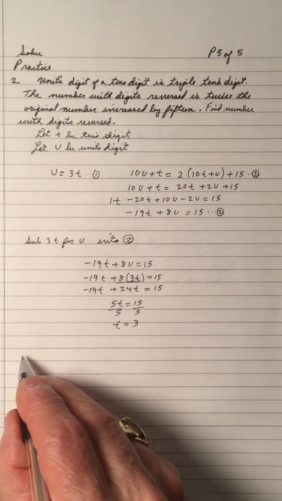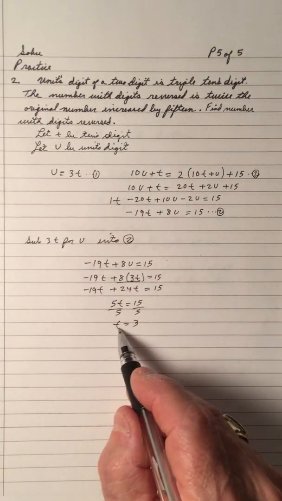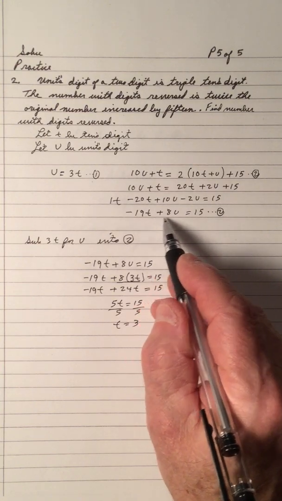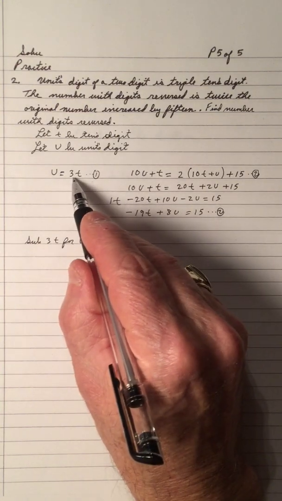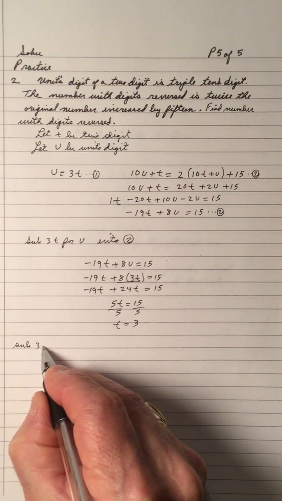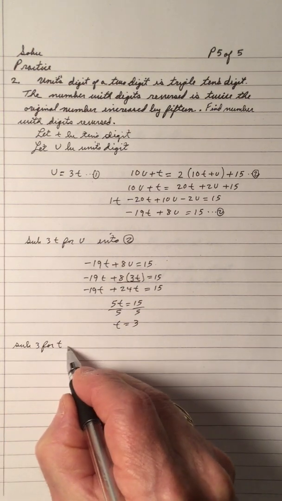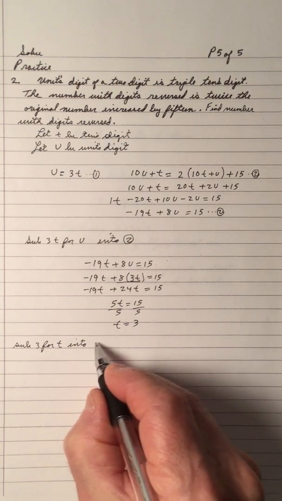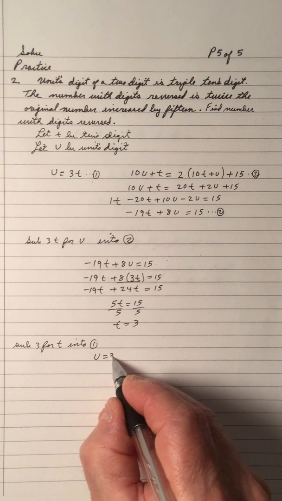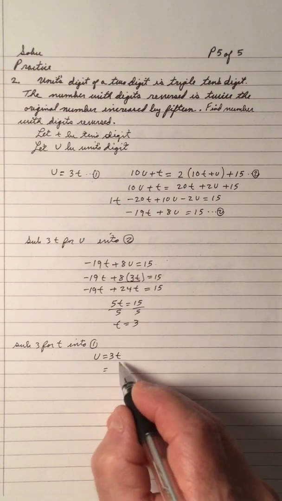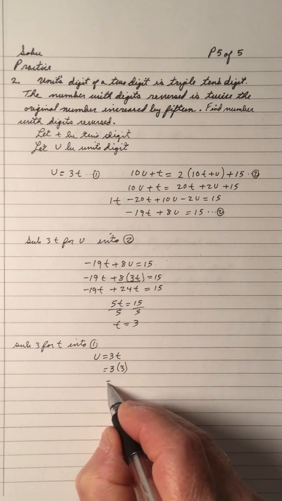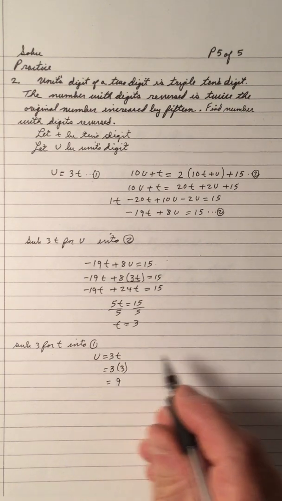Now, I got t, so I need to get u. So I could put t in here, but I'd have to do some work. It's better to put t into number 1. So I'm going to sub t into number 1, it's easier. So I'll write down number 1, u equals 3t, and t is 3, put in brackets, so 3 times 3 is 9.